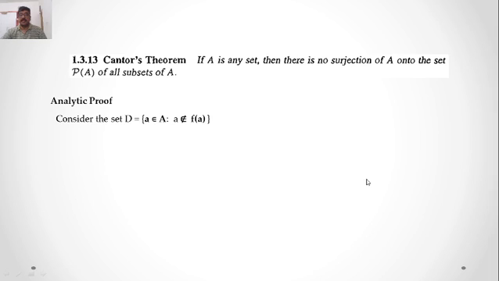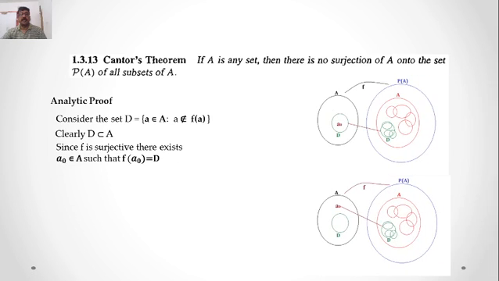Now you consider a set D consisting of all a in A such that a is not in f of a. This is D. And what is the peculiarity of this D?